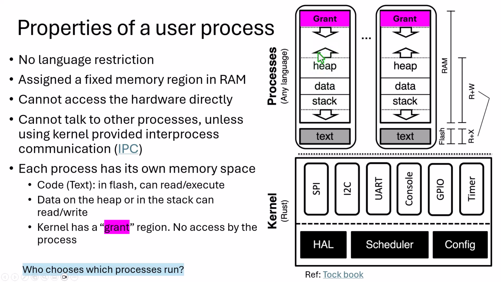That hardware controller restricts the process from being able to access hardware registers on the microcontroller, so it can't access the hardware directly. It has to go through the kernel or the capsules, which can do that.